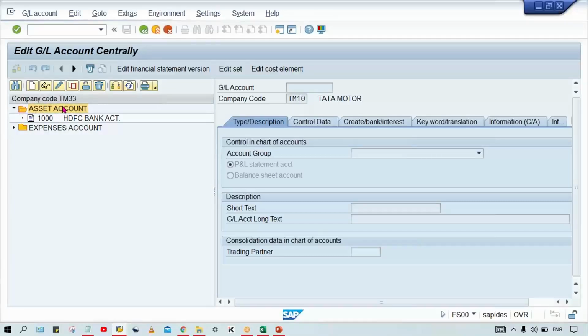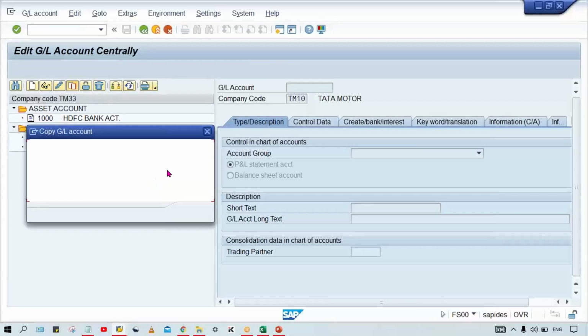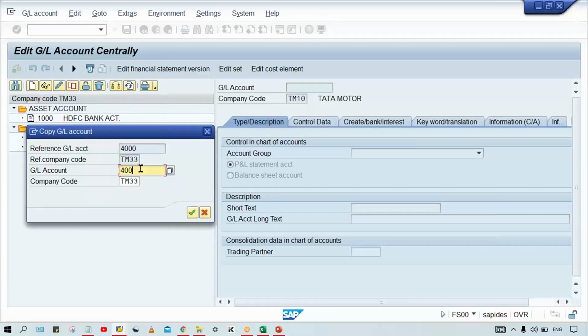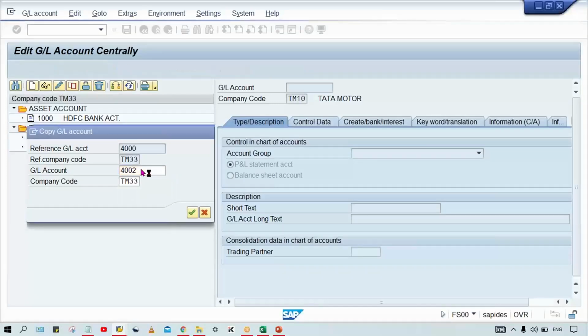So the bank account is already created, guys. We can use this bank account and cash purchase. So we'll do one thing. Copy this rent account. Make it 4002.